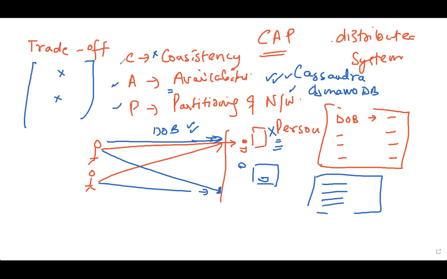At t0, Cassandra's node 1 can have data d1 and node 2 can have different data. But at some point in the future, say t5, both of them will have either d2 or d1. Eventually they become consistent, and there are protocols around it.